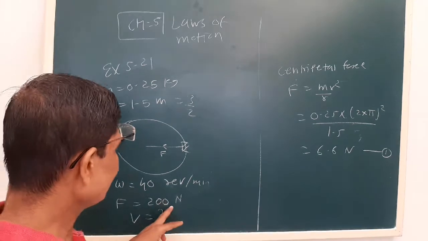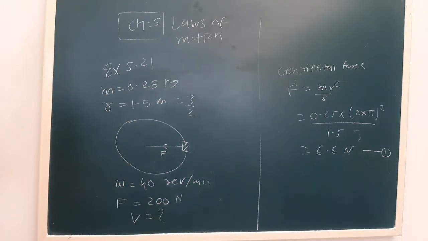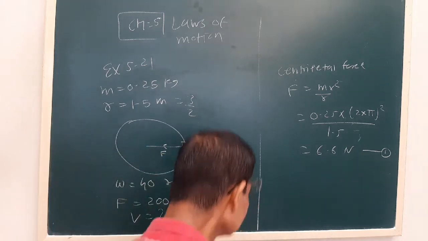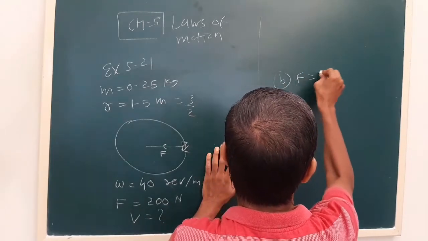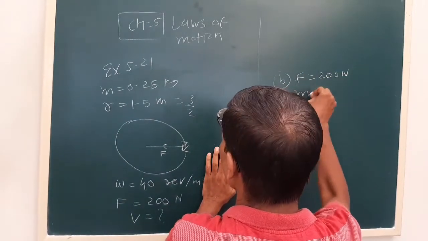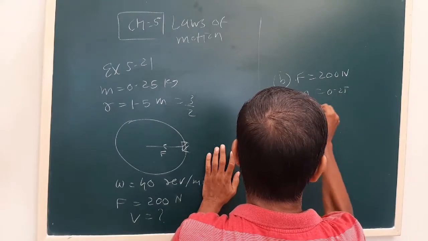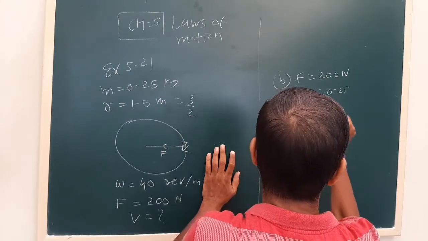Now it is given that the maximum centripetal force permissible is 200 Newton. We have to find out the speed. F is 200 Newton, mass is 0.25, R is 1.5.